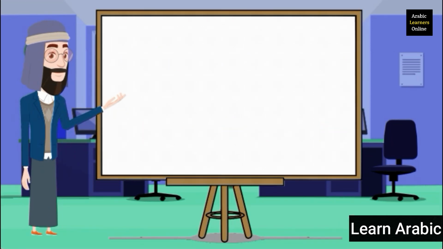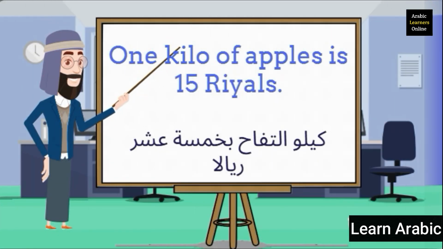Here's another example. You are buying fruits. The shopkeeper says 1 kilo of apples is 15 riyals. Shopkeeper will say in Arabic, كيلو التفاح بخمسة عشر ريالا.